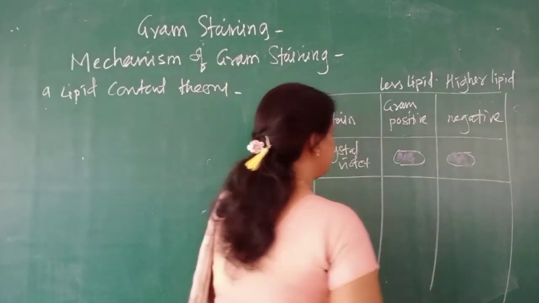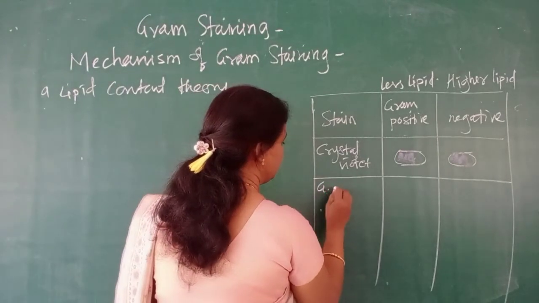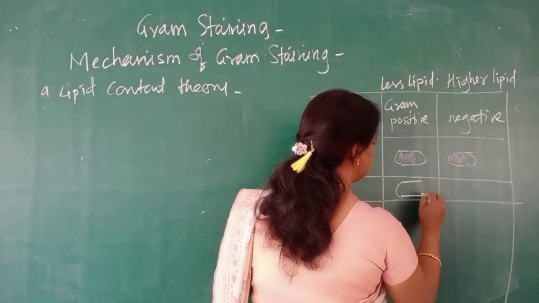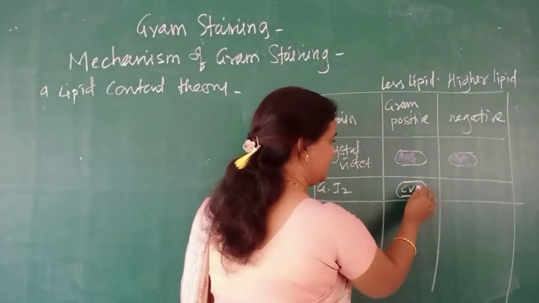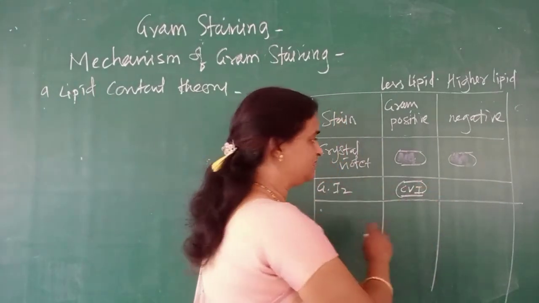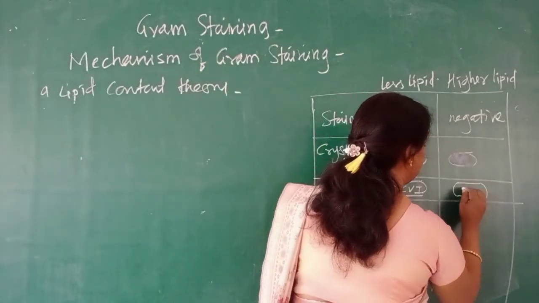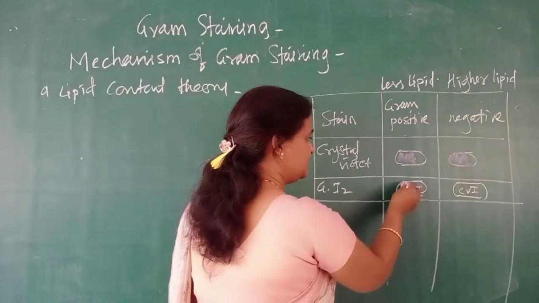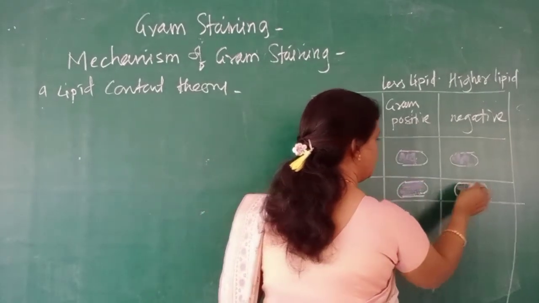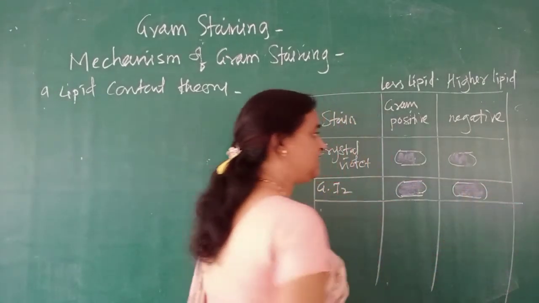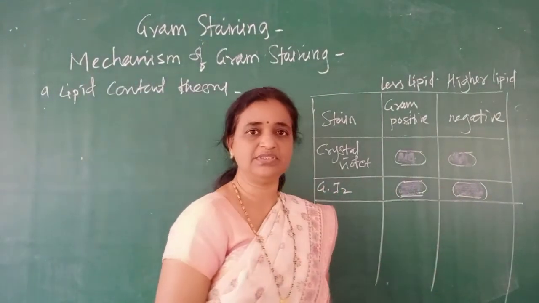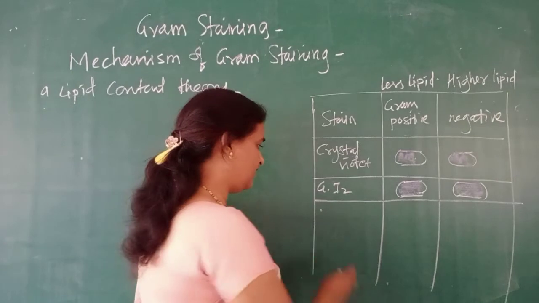Then the second step is applying gram iodine. Gram iodine acts as a mordant. It forms a complex with crystal violet and fixes crystal violet in the cell. At the end of the second step, both cells are still violet.